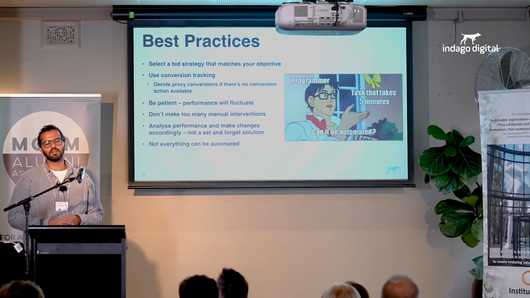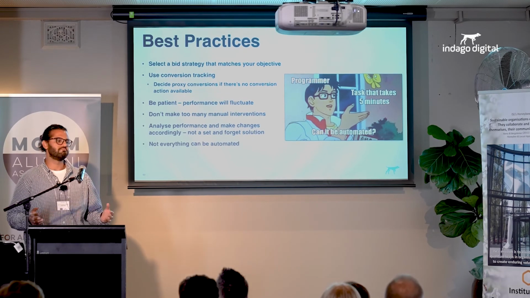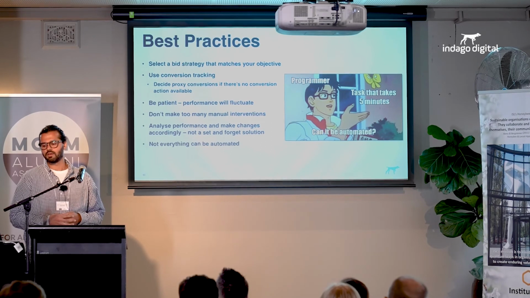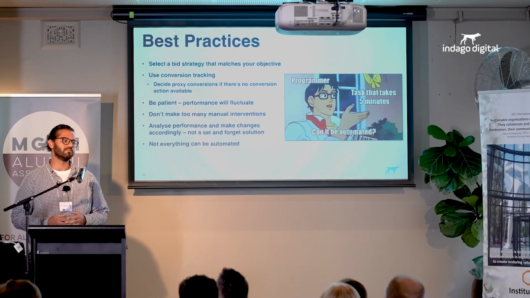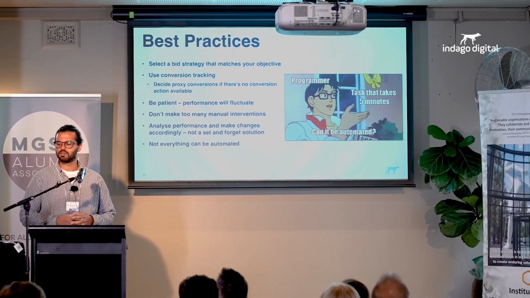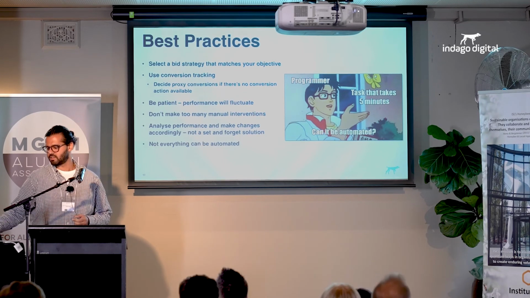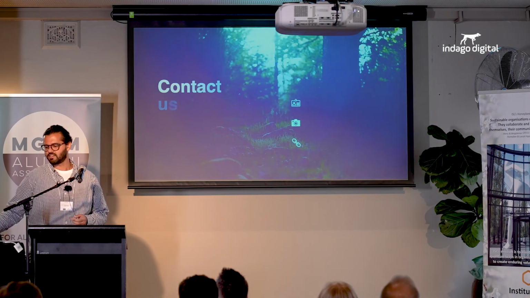There are certain campaigns where there is no way to have any kind of conversion data available at all, and for those cases as well, it might not be very efficient to run a bid strategy, and manual will supersede bidding strategies. And I believe that is the end.